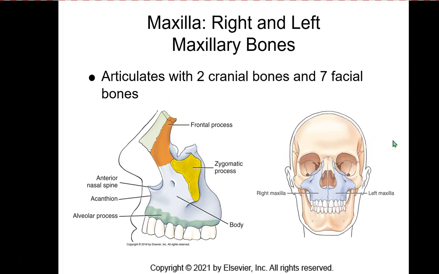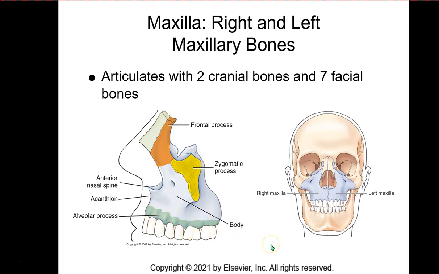The second process we need to know is called the zygomatic process, and that is right here in yellow. The zygomatic process projects laterally to unite with the zygoma, and the zygoma is another facial bone. You can see that relationship right here, and we'll talk more about the zygoma in a little bit. The third process is the alveolar process, and that is in green here.